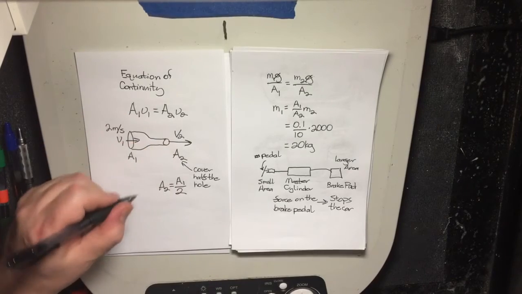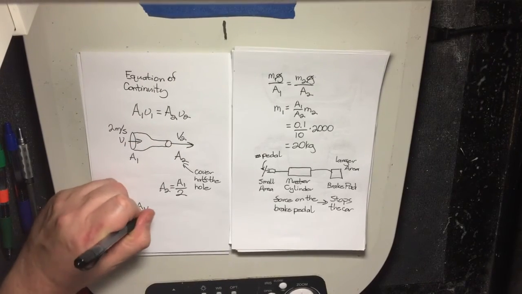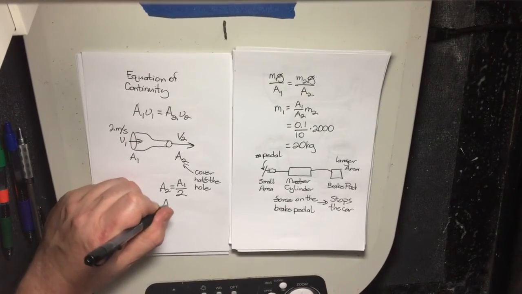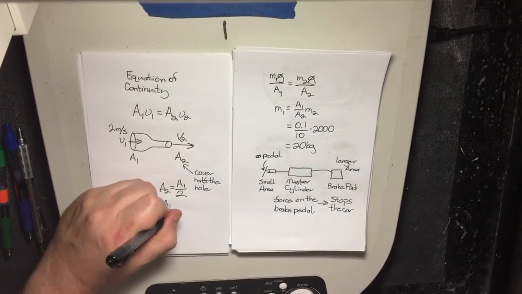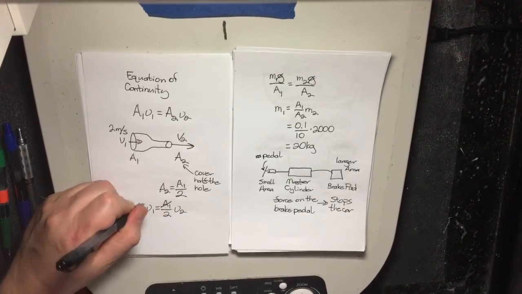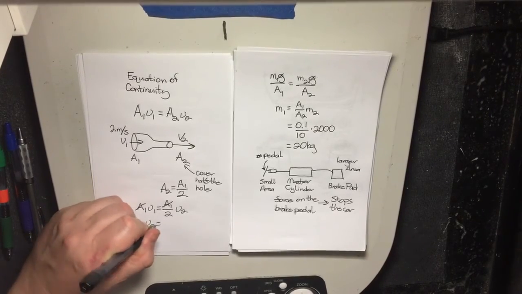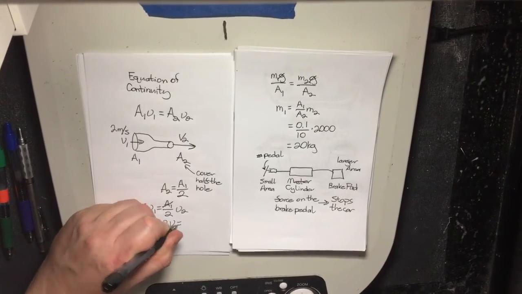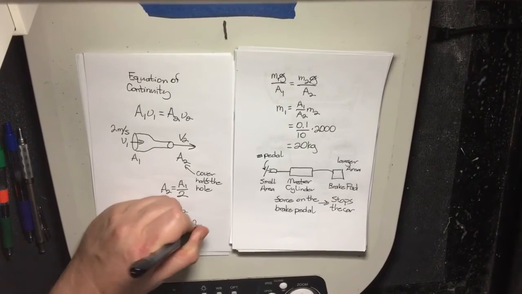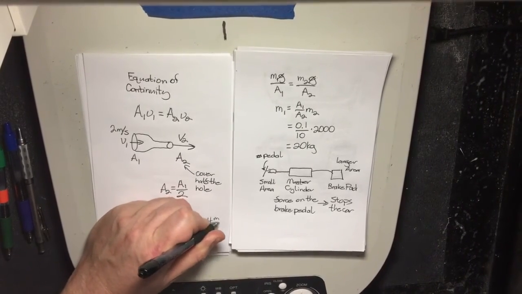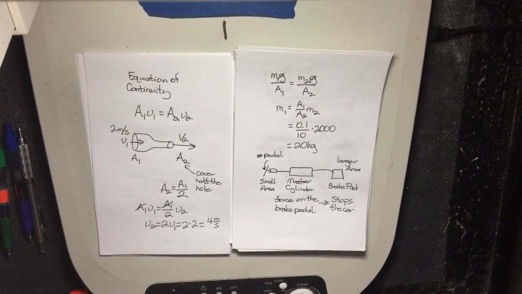So using the equation of continuity, A1 V1 is A1 over 2 V2. So V2 is 2 times V1, which is 2 times 2, or 4 meters per second. So there is an increase in velocity with a decrease in area.